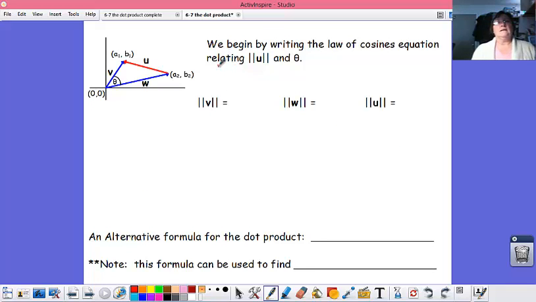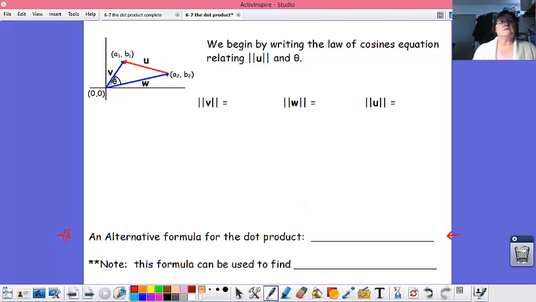What we're going to do is take you through a derivation of a formula. And one thing, when you derive a formula, you only have to do it once. And once we're finished, we'll know that this formula will always work to replace the dot product, or it will allow us to find the dot product.